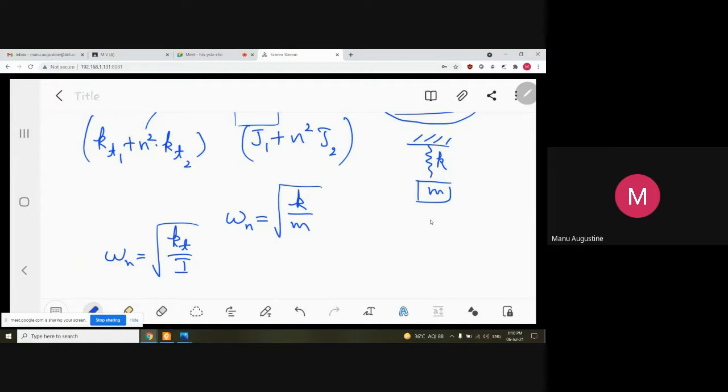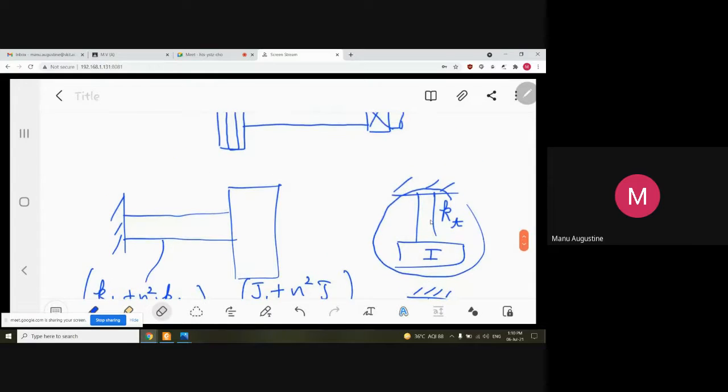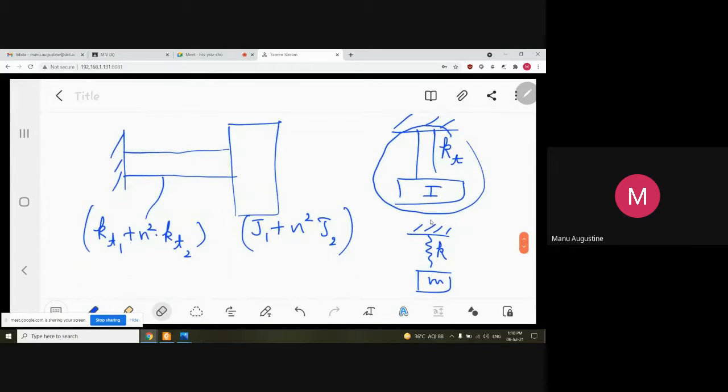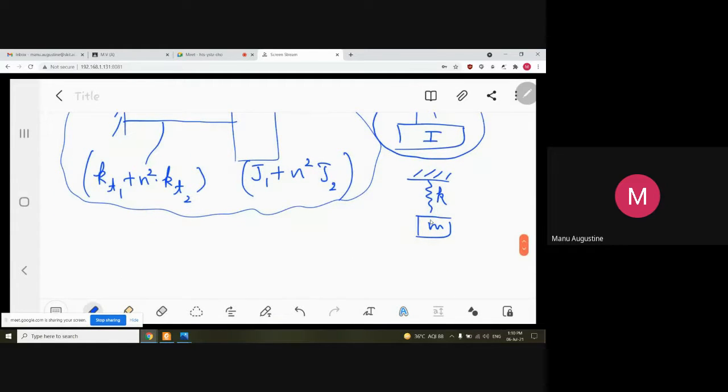Now, using this formula, what would you say is the natural frequency of this system, which we have eventually reduced our original system into? We have the inertia, we have the stiffness. So all you have to do is simply state omega n is equal to under root of (kt1 plus n square kt2), divided by, that is the stiffness divided by the inertia, J1 plus n square J2.